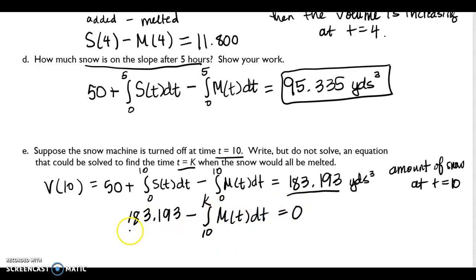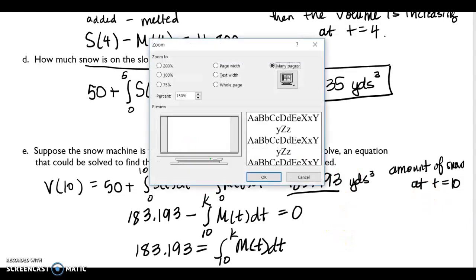So I have the amount that's there minus all of it that's going to melt up until time k, and set that equal to 0. You could also do 183.193 equals the integral from 10 to k of m of t dt. So that's the amount that actually melted. Either one will work.